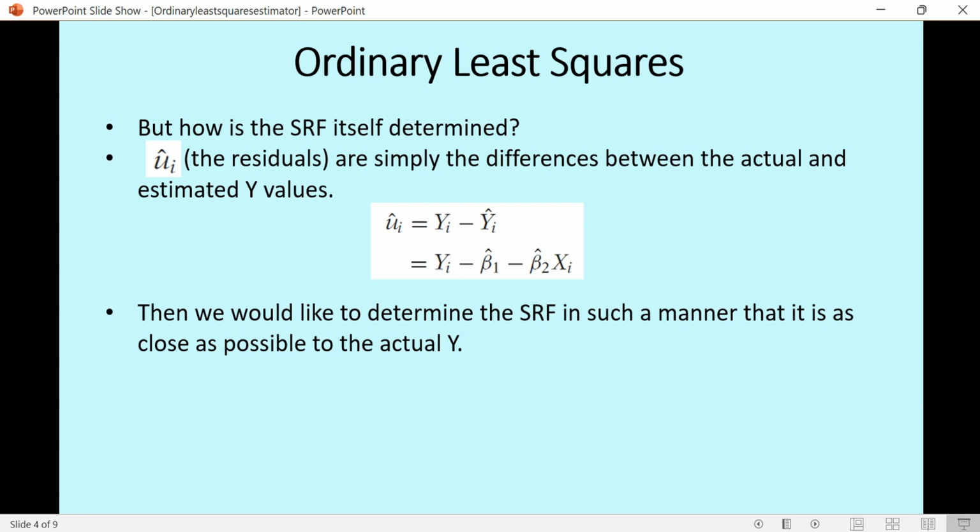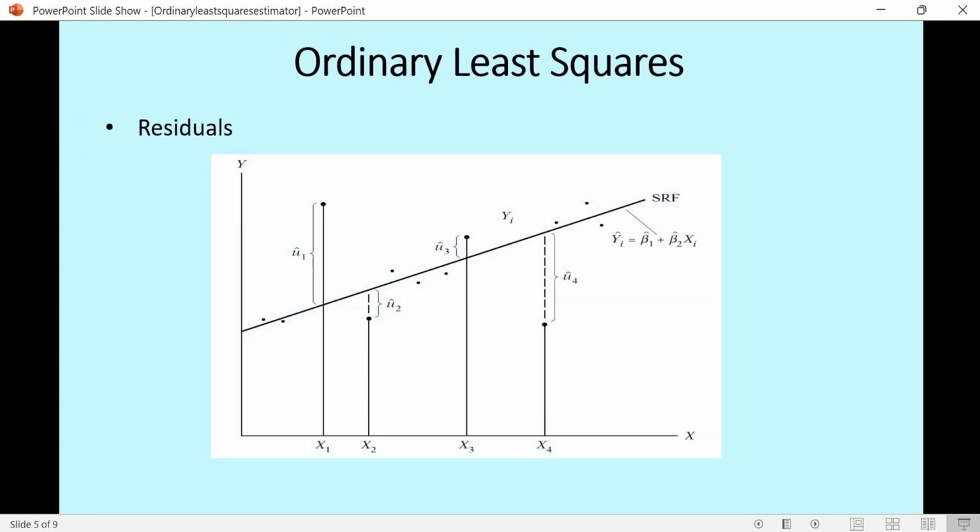If we look at this figure again, this is the residue, because this is the actual y for the given xi. Of course, there are many, not only one, a group of yi given xi. For each yi we have one residue, so ui hat, and similar ones, are all residues.